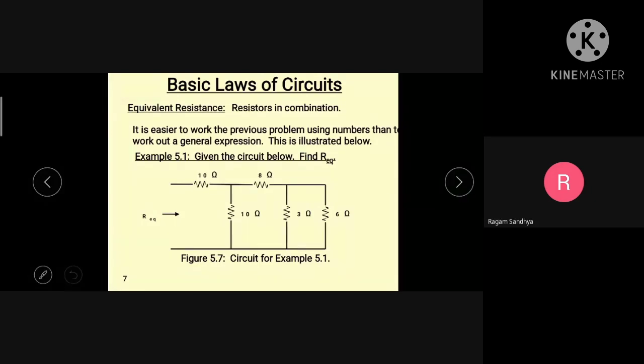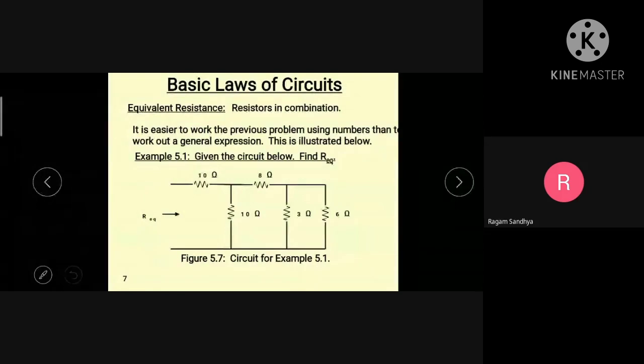I'm giving some values for R1, R2, R3, R4, and R5. Now tell me, these 5 resistors are converted into a single resistance by using series and parallel combinations. I think we know the formulas for series combination and parallel combination. Tell me how to start this circuit diagram.